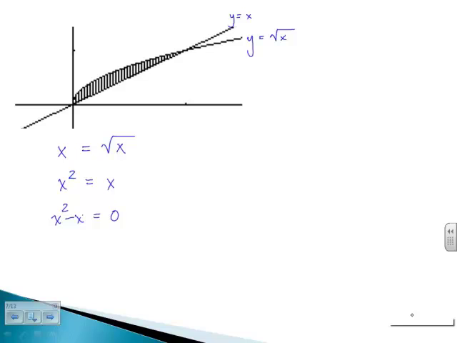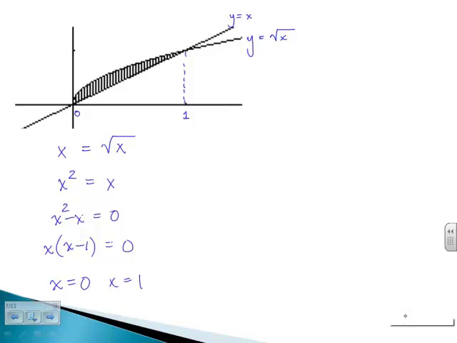Then we can factor out an x on the left-hand side, which leaves you x minus 1 equals 0. And lastly, if you set each of these factors equal to 0, the solution is x equals 0 and x equals 1. So the lower bound of integration is 0, and the upper bound of integration is 1.